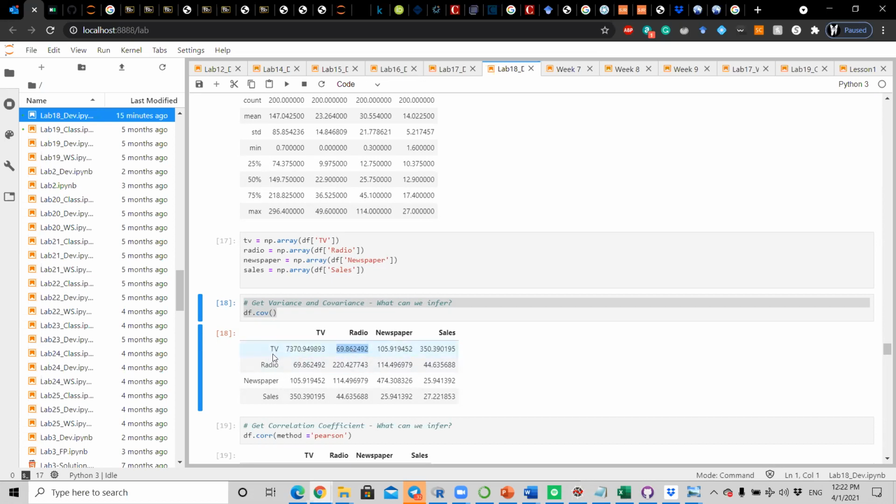When you see the covariance of TV and radio equal to 69.86, what does that number tell you? What can we infer? Is that how close they are? So based on this number, do you think they're close or they're far? They're close. Okay. Anyone else who wants to venture a guess?